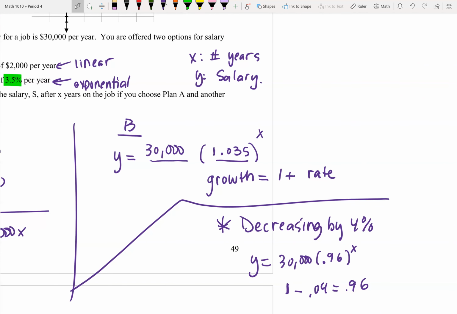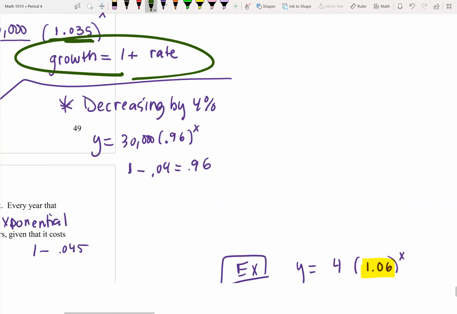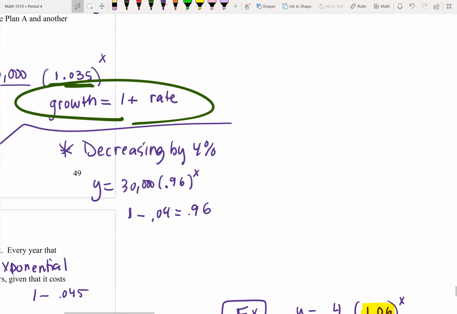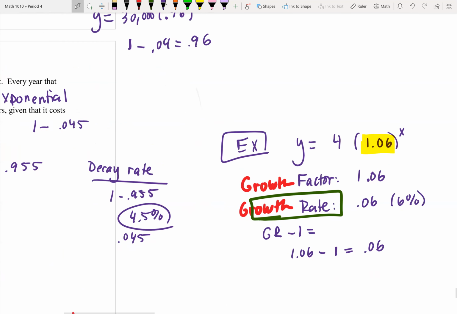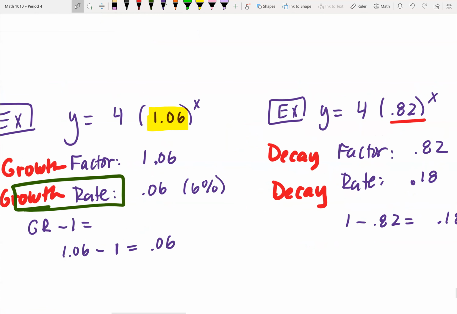So if this is a growth, you do the 0.035, but you have to include the 1 with it. This thing right here is different than what we just talked about, because that's when I'm coming up with the equation. This is when I already have the equation and now I'm trying to answer some questions. So make those two things separate in your head. You good? Anybody else? Okay, awesome.